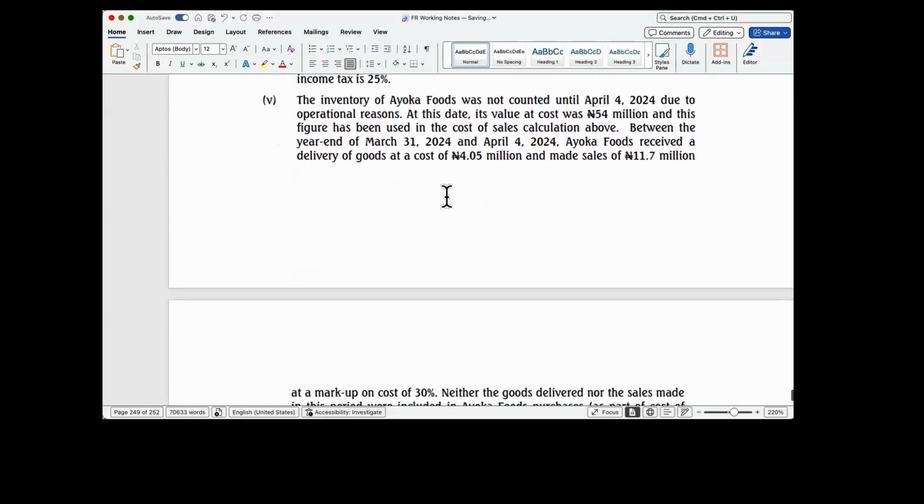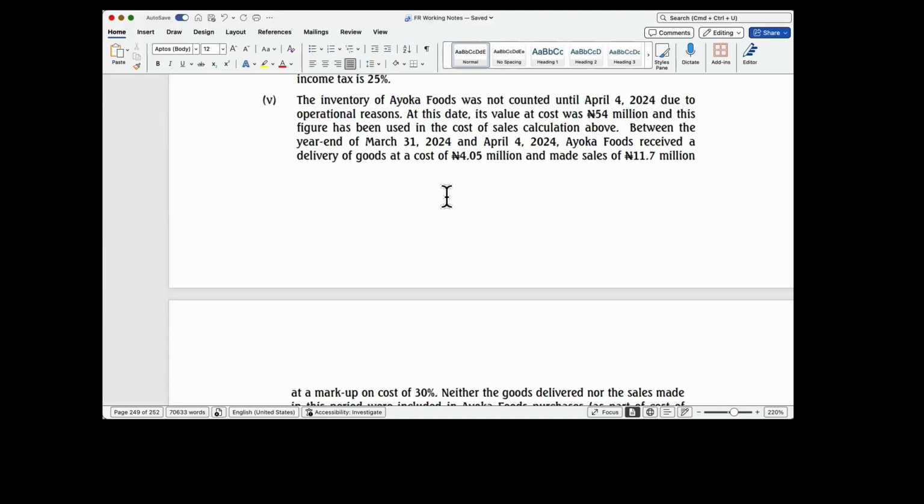Now, let's go to the next additional information. It says the inventory of Ayoka Foods was not counted until April 1st, 2024 due to operational reasons. At this date, its value at cost was 54 million, and this figure has been used in the cost of sales calculation above.